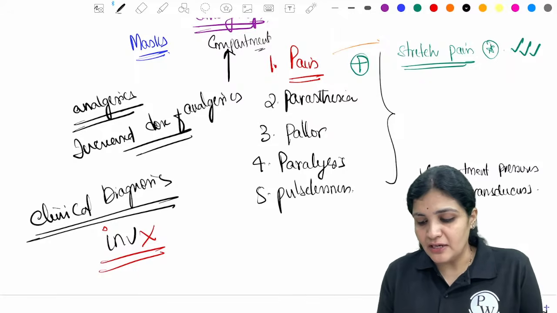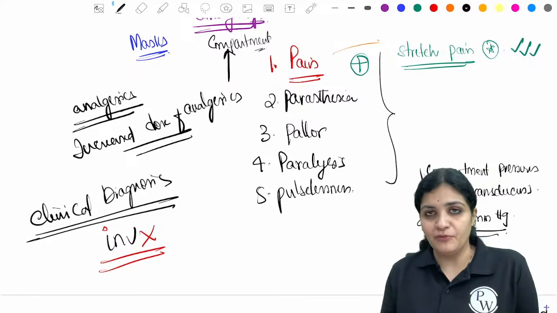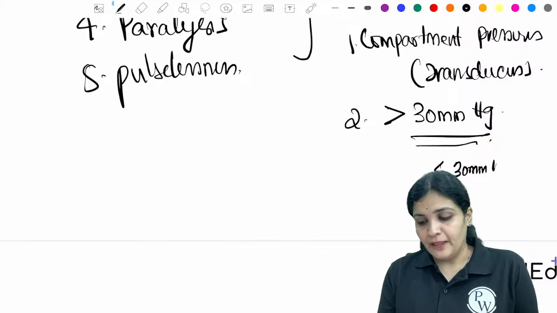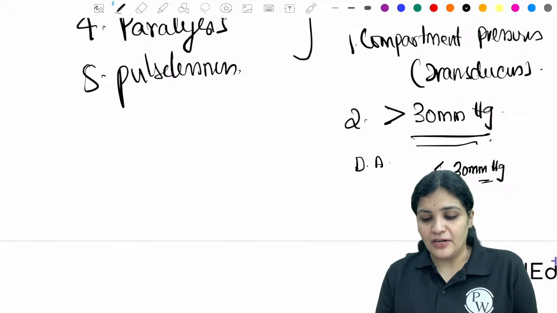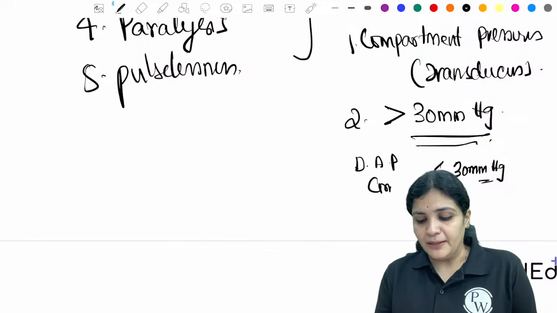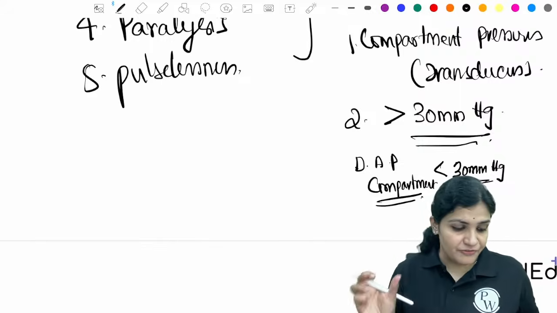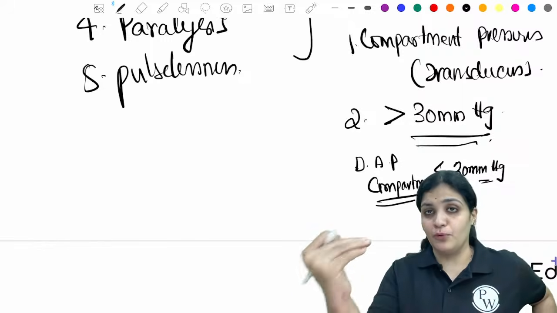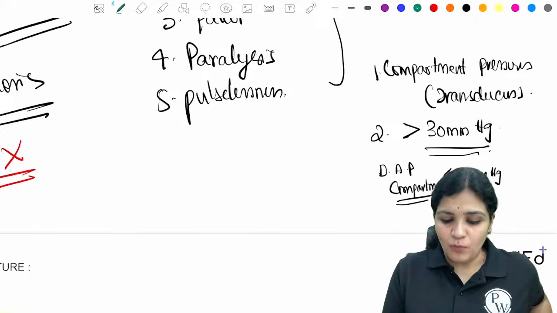The compartment pressure should be more than 30 mm of Hg, or the difference between your diastolic arterial pressure and your compartment pressure is less than 30 mm of Hg. If the difference is less than 30 or the compartment pressure itself is more than 30 mm of Hg, then you can diagnose it as compartment syndrome, right? And now what is the management?